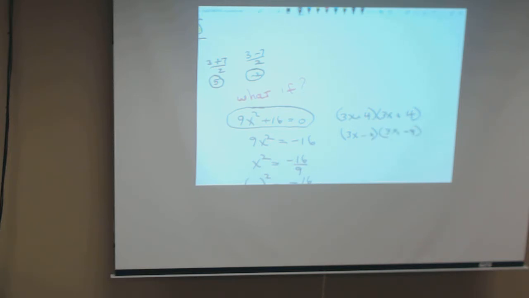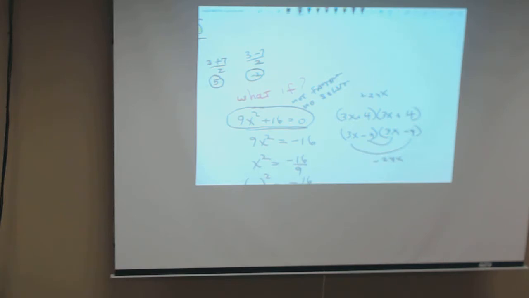But look what that produces in the middle. That produces negative 24x here and plus 24x here. So you understand? If you saw one like this, you would say not factorable. Or no solution.